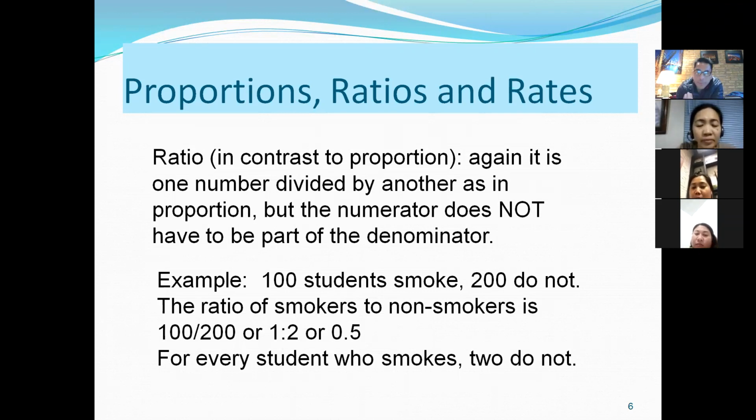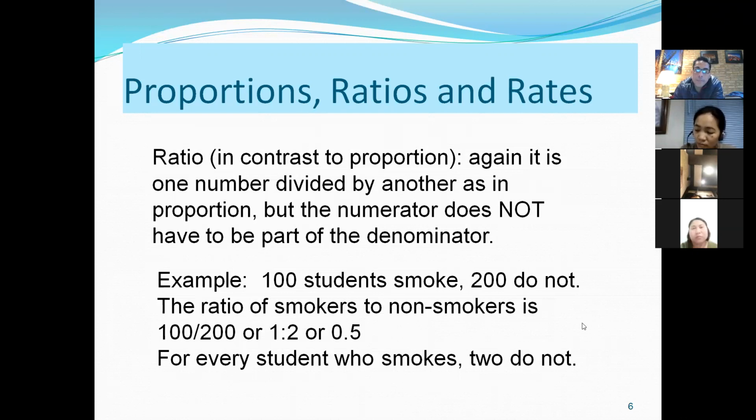We can also simply put it as 0.5, because 1 divided by 2 is 0.5, which is basically half. But that's not the way. The real reporting for ratio is really 1:2.